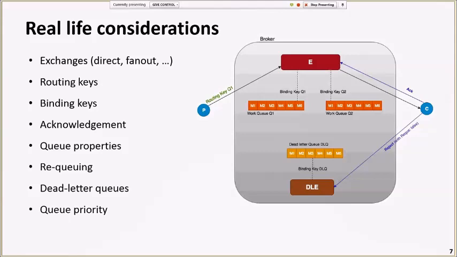And now for these exchanges, there are a few different kinds. The simplest one is the direct exchange. Then there's fanout. Fanout is where the exchange is going to just send the messages to all the queues that are bound to it regardless. It's more like a broadcast.